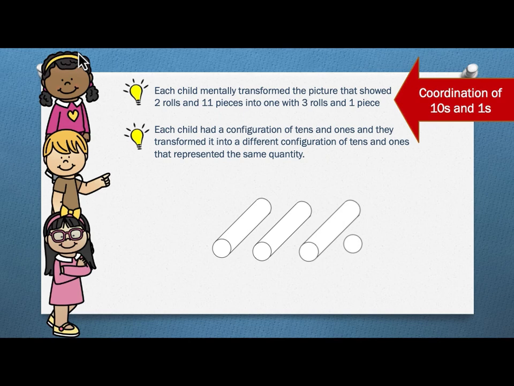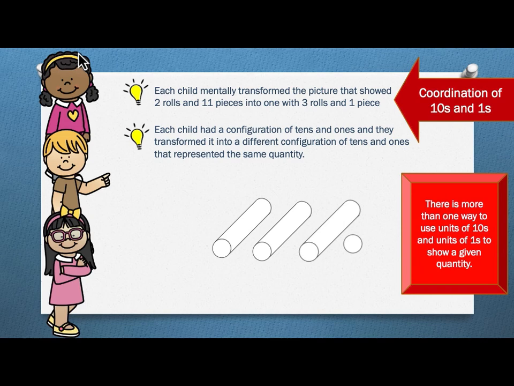Another way to say it is that they had a configuration of tens and ones, and they transformed it into a different configuration of tens and ones that represented the same quantity. Or yet another way to say it is that there is more than one way to use units of tens and units of ones to show a given quantity. And that is going to lead us to the next instructional activity, one we call the transformation activity.